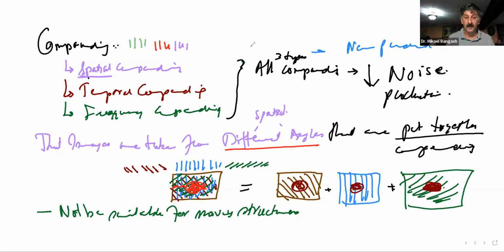The main plus point, or the advantage of spatial compounding, is mainly going to be that it reduces an artifact, which is called shadowing.